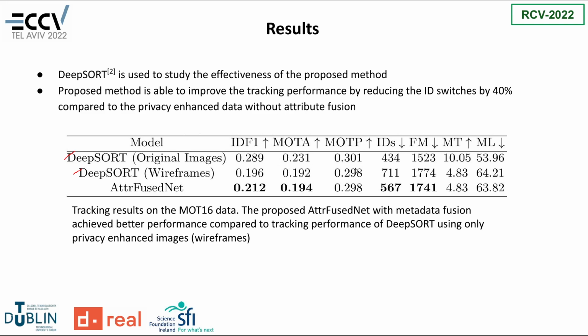You can see the number of ID switches increased. Then we use the attribute fusion with the wireframes.